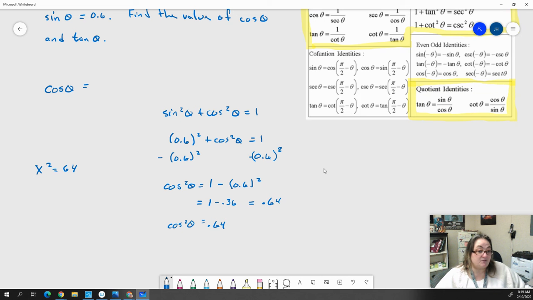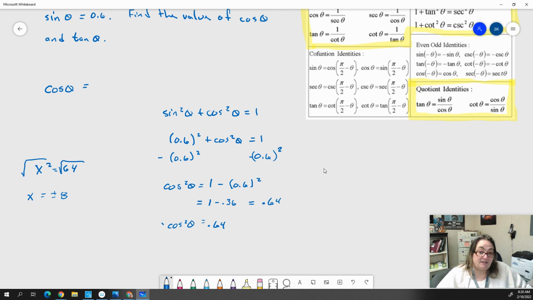If I have something squared, we would take the square root of both sides, right? This would give me x equals plus or minus 8, correct? We don't really have to deal with the minuses in this realm because it's definitely going to be positive, right? Because it's between 0 and 90.